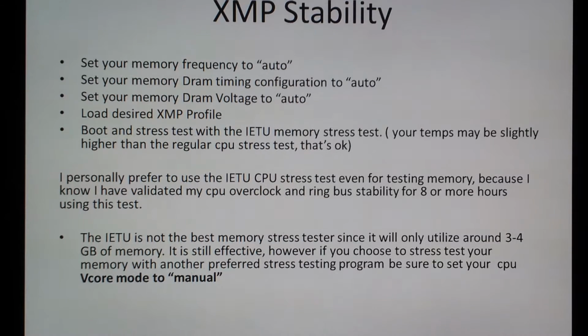If you use a different memory stress testing program other than the Intel Extreme Tuning Utility, make sure to set your CPU vCore mode to manual. Very, very important. If you don't do this, your CPU will get overvolted. Most programs do not know how to deal with adaptive voltage in terms of stress testing, and your CPU will be overvolted.